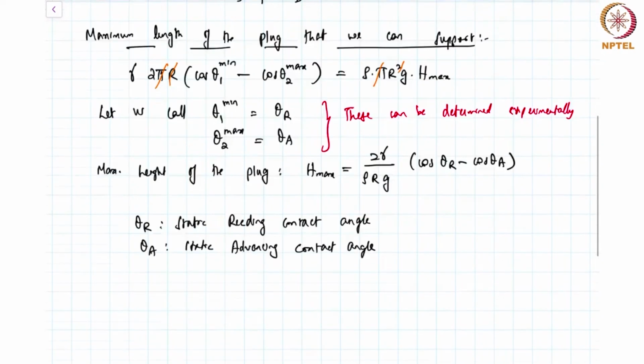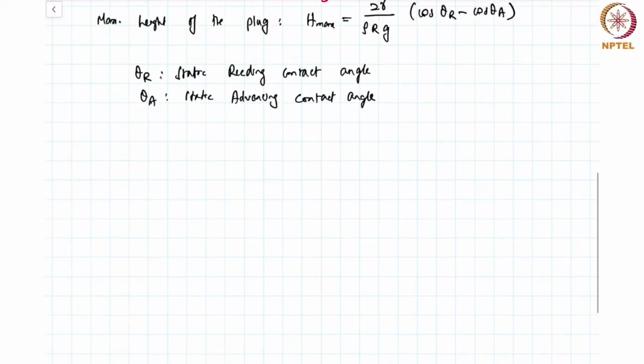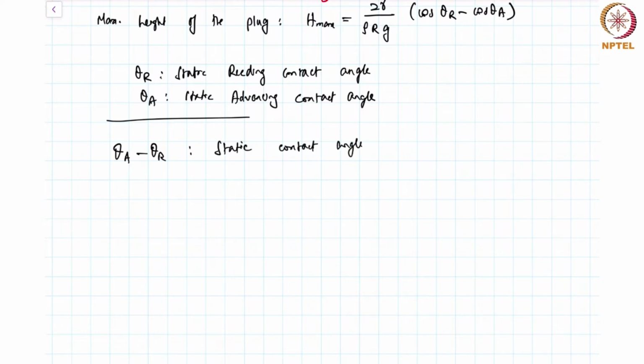So this difference that we have here, theta a minus theta r, is referred to as the static contact angle hysteresis.